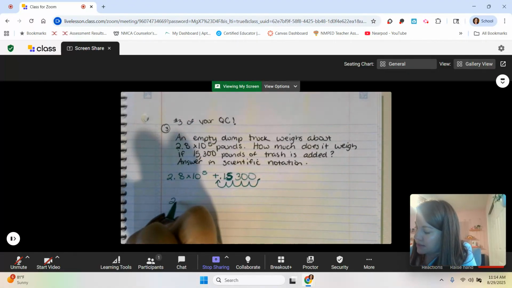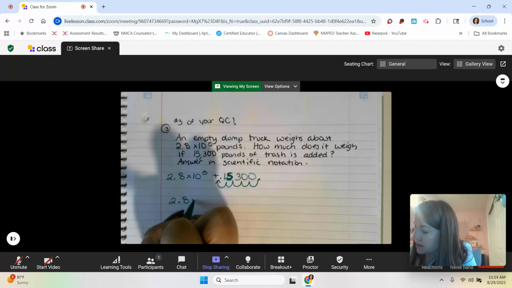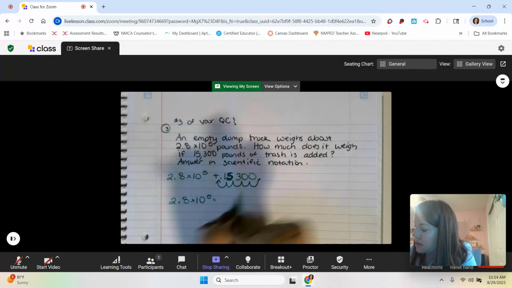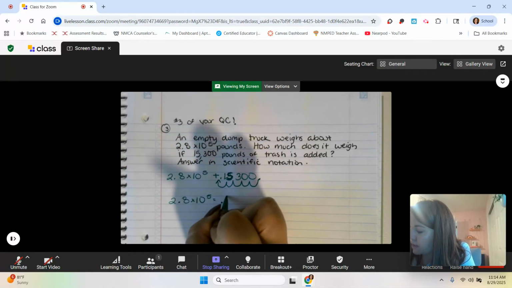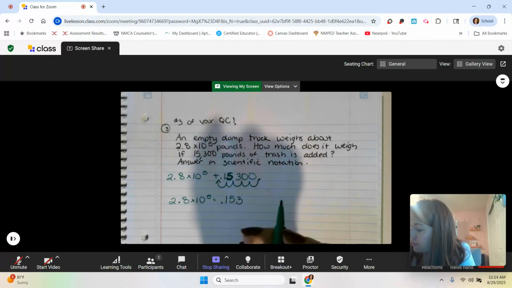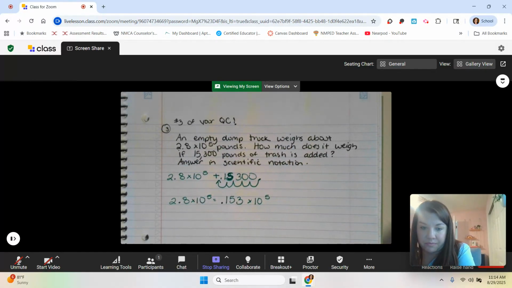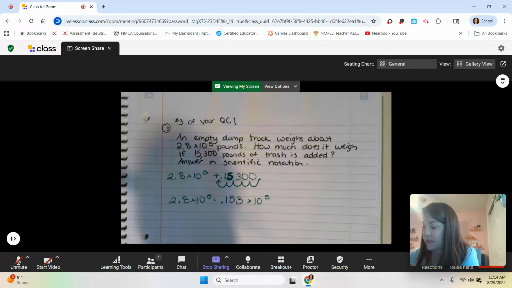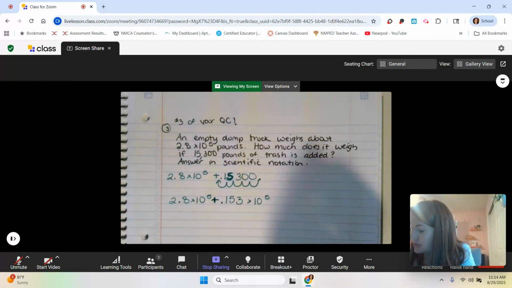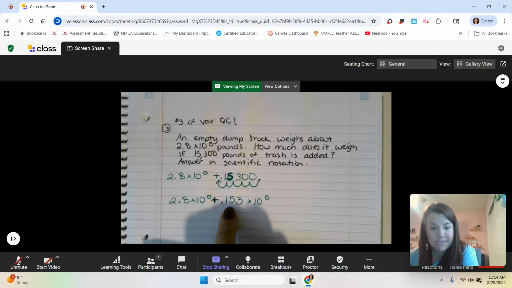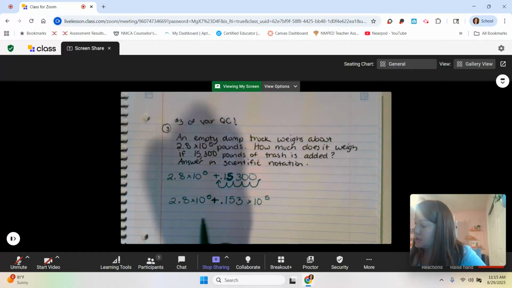So then I could rewrite this whole thing as 2.8 times 10 to the 5th plus 0.153 times 10 to the 5th. And the nice thing about doing that, oops, this should not be equals, that should be plus. It's not written in scientific notation, but because their exponents match, we can go ahead and add our coefficients.